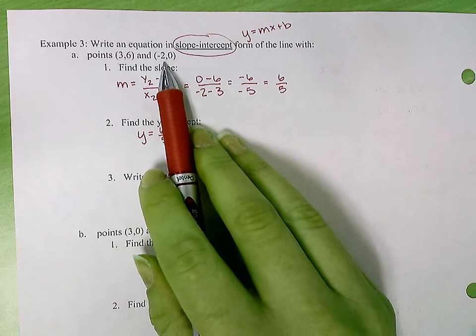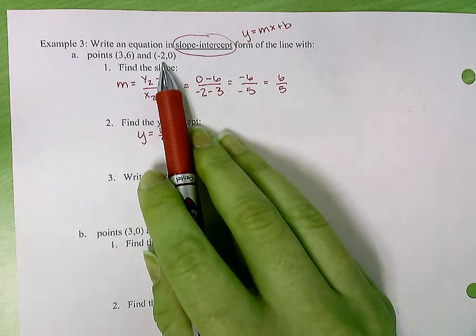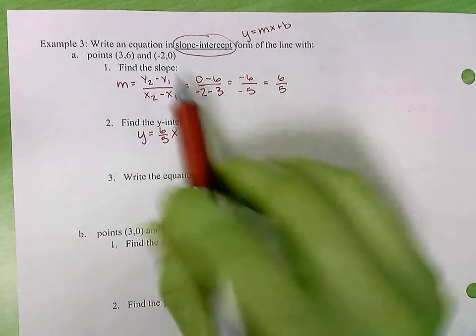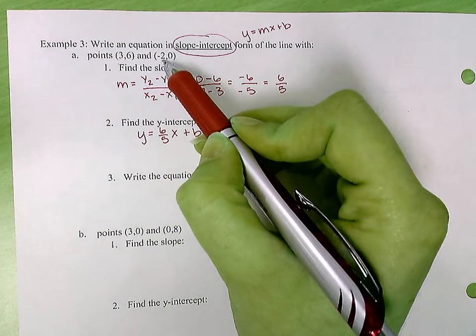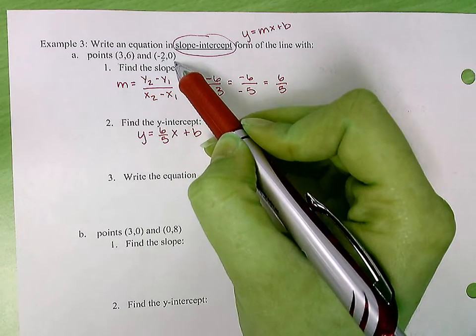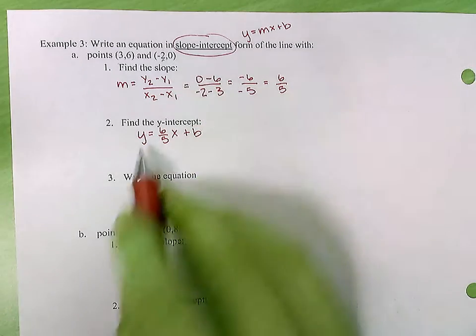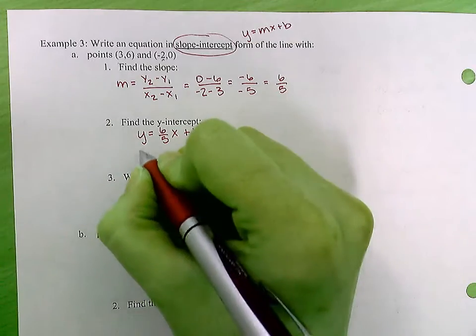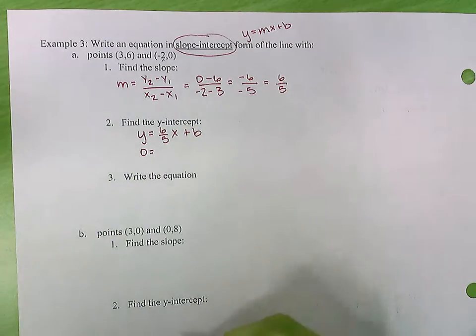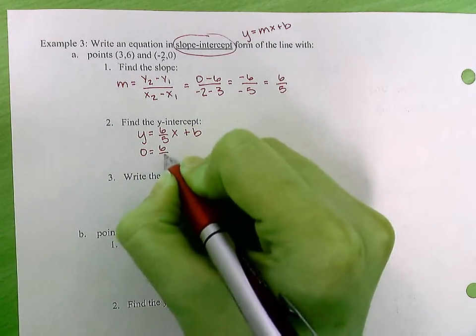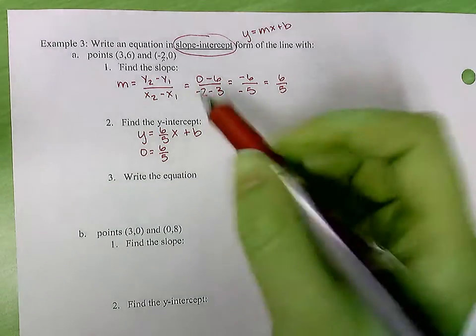I'm going to choose this one right here just because it has a 0 in it. That's usually easier to work with. So negative 2 will be my x value and 0 will be my y value. I'm going to plug in 0 for y.